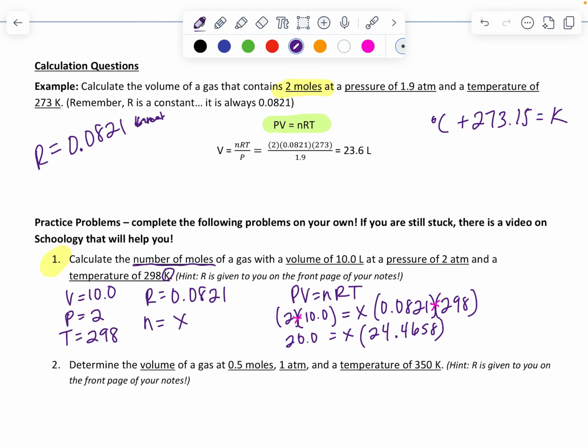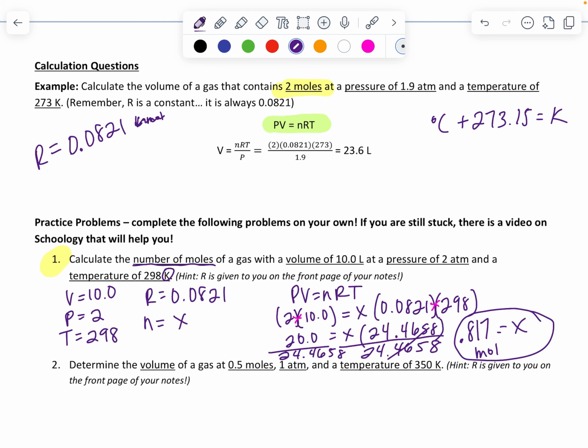Now I'm going to divide by 20. Actually, no, my bad. That's not what you're going to do. We have to divide by what is going to get the X by itself. So those cancel out, and I'm left with X equals 20 divided by 24.4658, and I get 0.817. This is moles, so I'm going to put the unit moles.